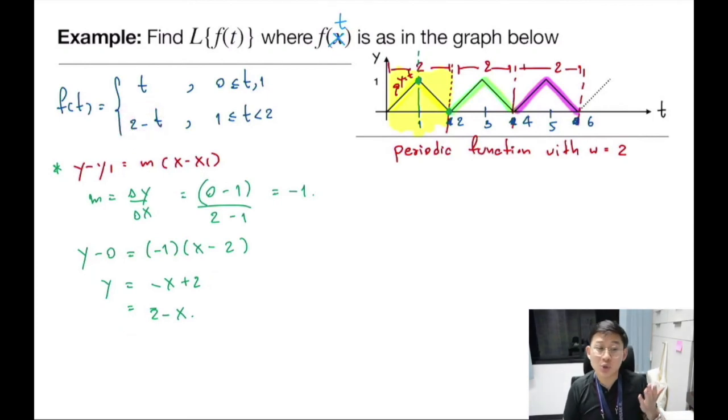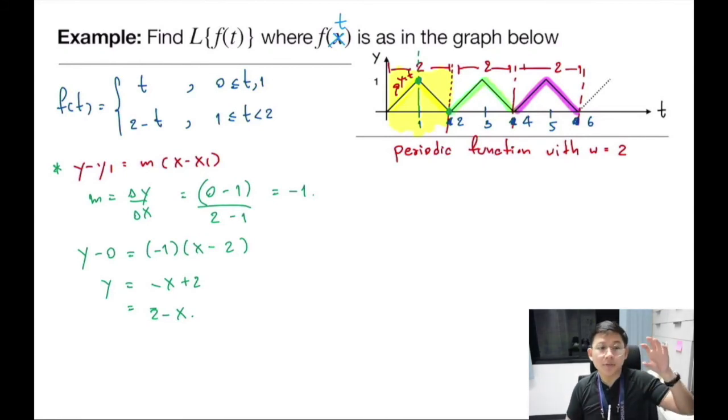That's how to get the function if the graph is linear. First, you get the slope, and second, y minus y1 equals m times x minus x1. That is from high school. When you do the conic sections, you learn the line, the circle, the parabola, the hyperbola, and some other things. If you don't remember any of these anymore, just let me know, and we can talk about that.